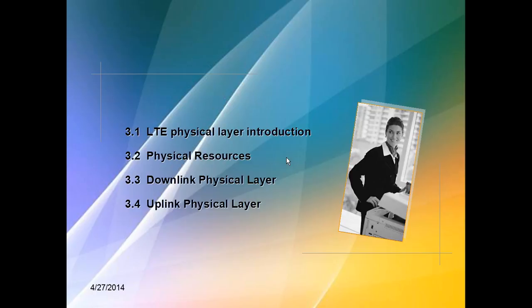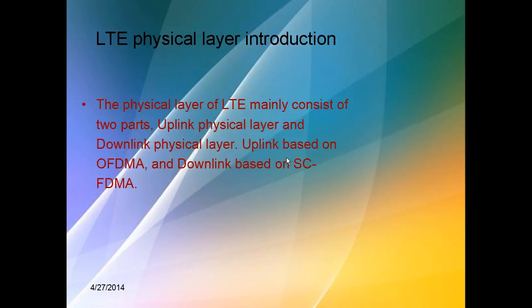I talk about the LTE physical layer introduction, the physical resources, downlink, and uplink. The physical layer of LTE mainly consists of the uplink physical layer and the downlink physical layer. It's like you send data to the internet through the phone, and then you get data from the internet. It's two different ways.